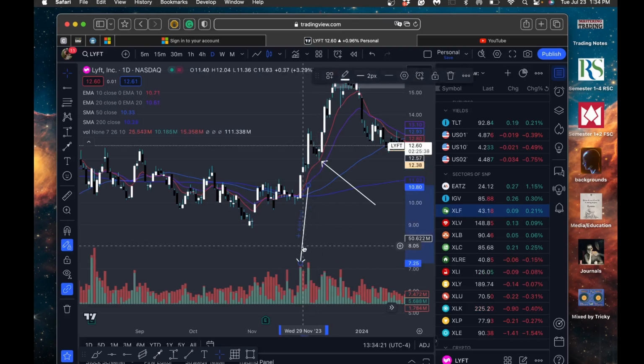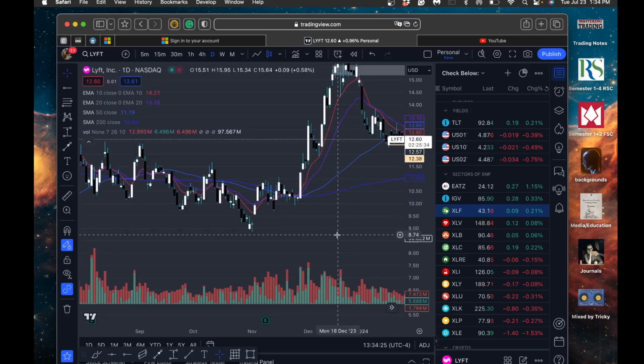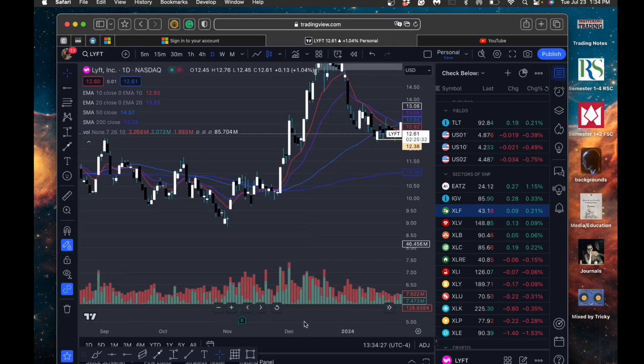Now, it is important to understand that all of these volume examples aren't going to be picture perfect like this in reality.